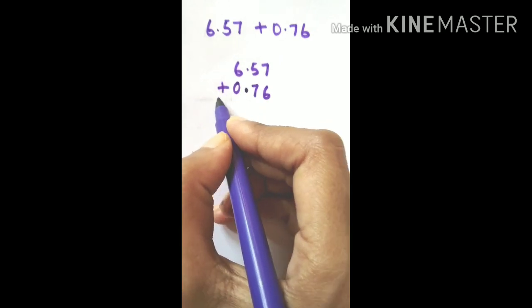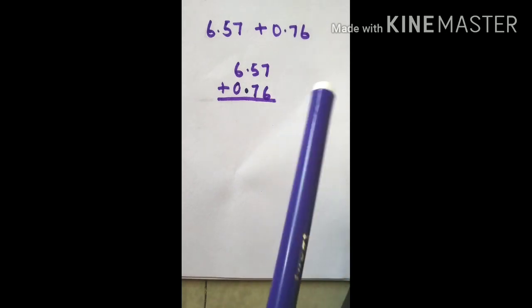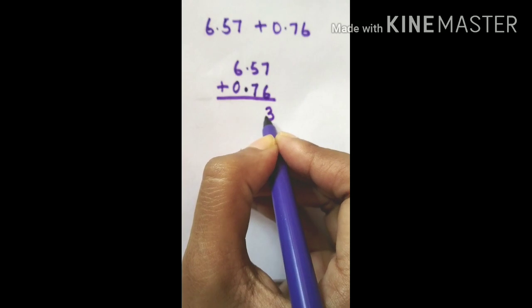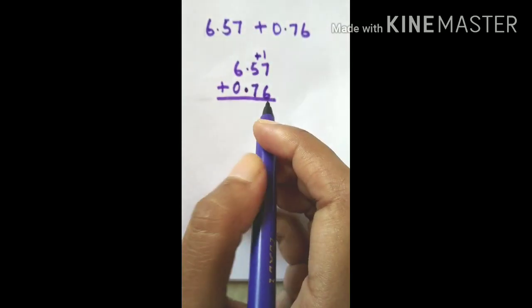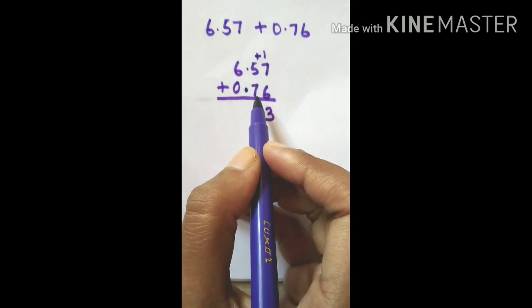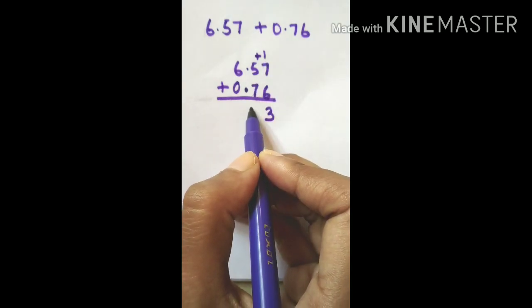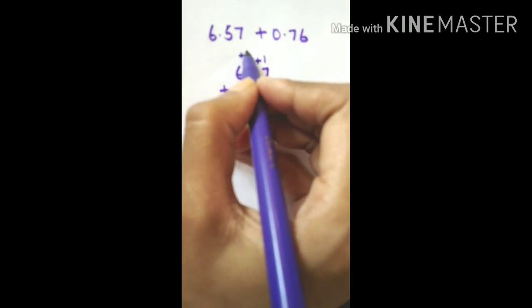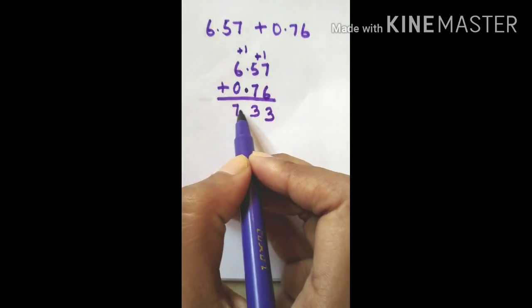Now we will add the decimals. Students, when we add 7 plus 6, we get 13. So we will write 3 and 1 will be carried. And since 5 plus 7 is 12, plus 1 is 13. So we will write 3 and 1 will be carried. Now 6 plus 1 is 7.